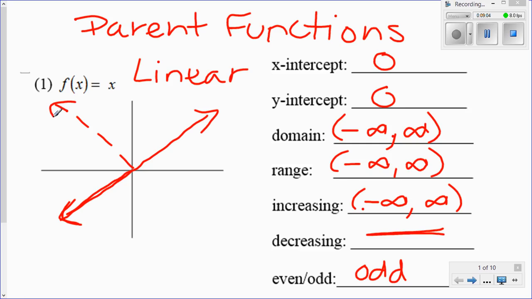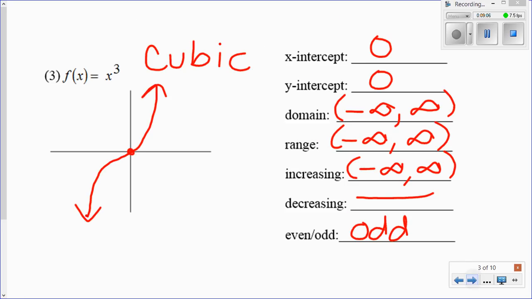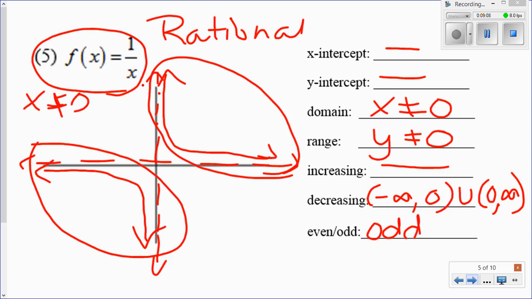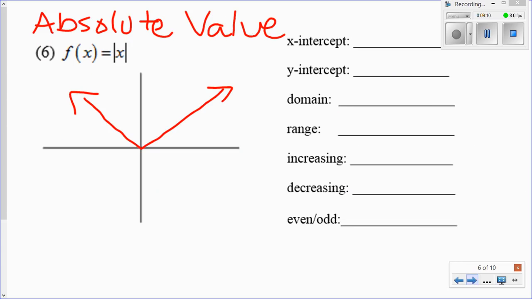And you get your absolute value function. Okay, let's go back. Okay, so this is absolute value.